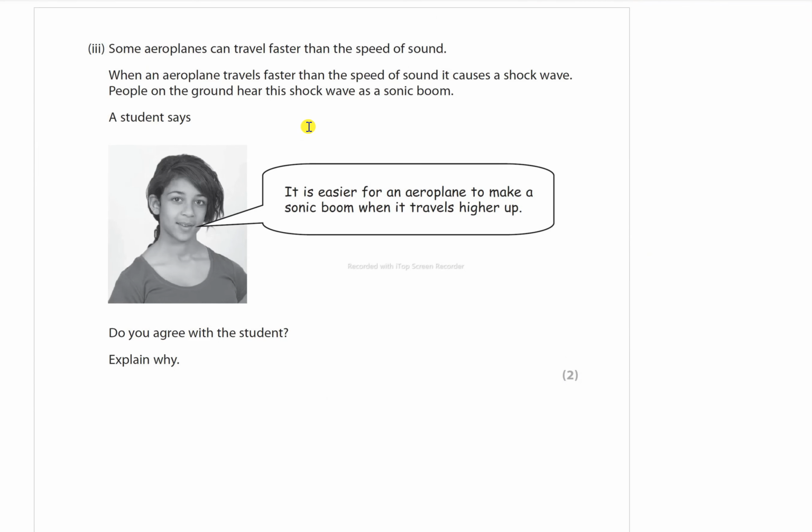Right, okay, last bit. Two marker. Some airplanes travel faster than the speed of light. When an airplane travels, it sends a shock wave called a sonic boom. It's easy for an airplane to make a sonic boom when it travels higher up. Yes, that is true. Why?